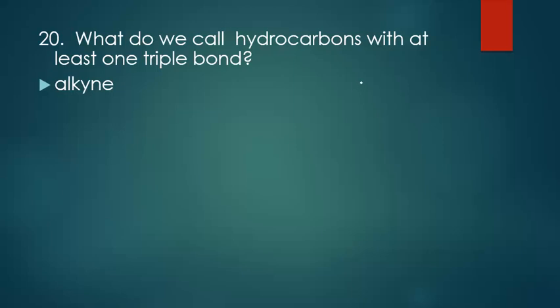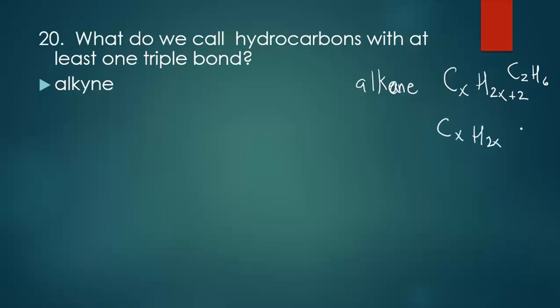Alkynes. Let me differentiate between them so that you know what to look for. If it's an alkane, it should be CxH2x+2, like C2H6. That's an alkane. If you encounter something that is CxH2x, like C2H4, then there is a double bond somewhere.